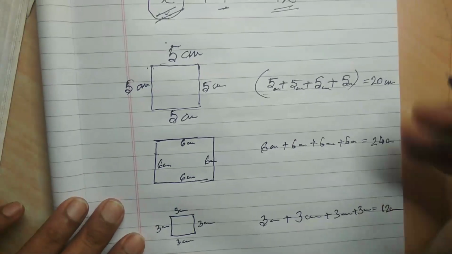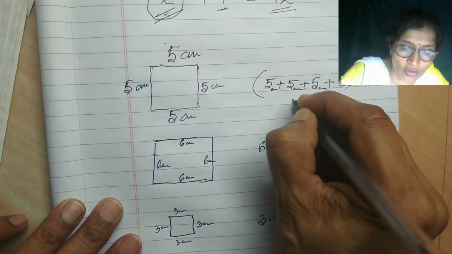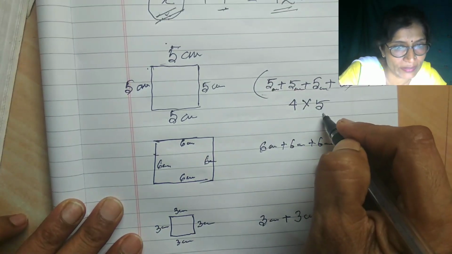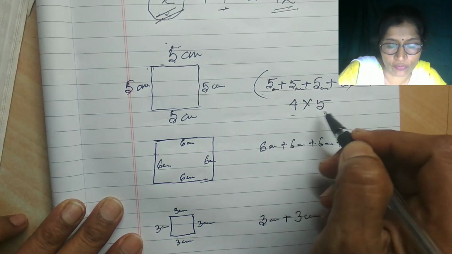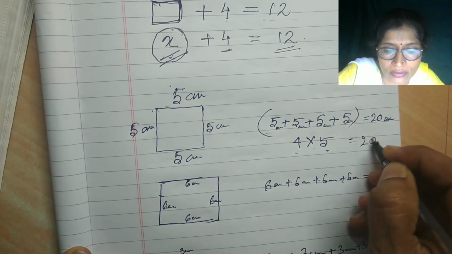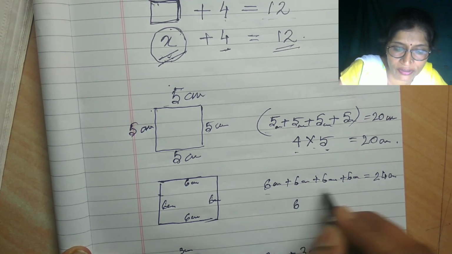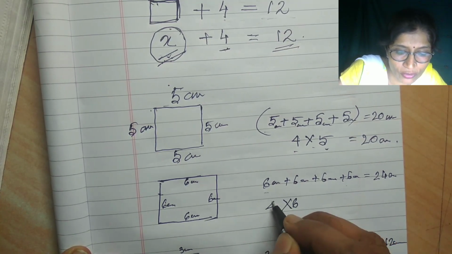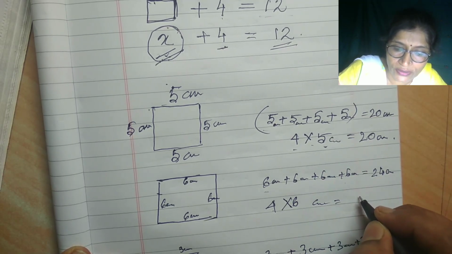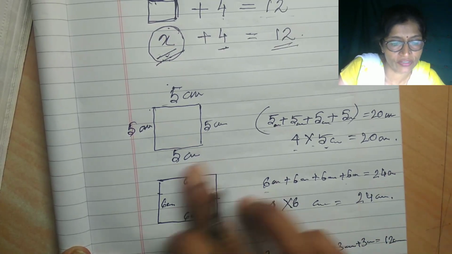Here the perimeter is 20 centimeter. I can get it this way: 4 into 5, because 5 appears 4 times, also gives 20 centimeter. Here the side is 6 centimeter, so 6 into 4 gives 24 centimeter, the perimeter of this figure.